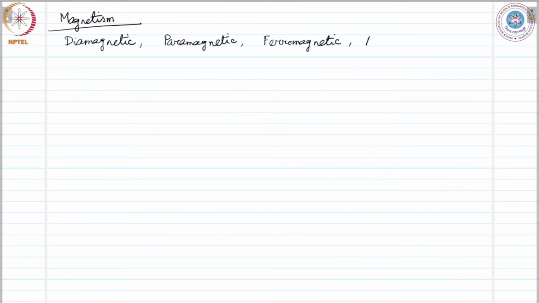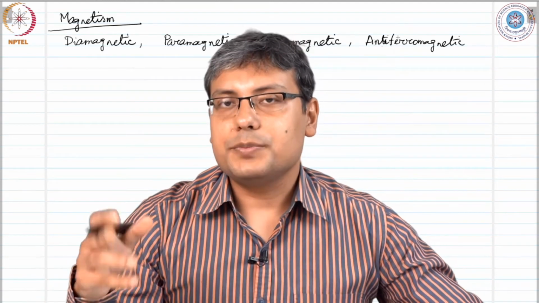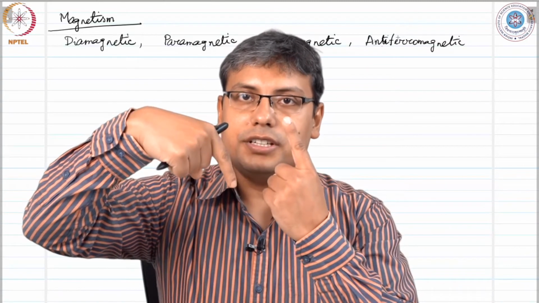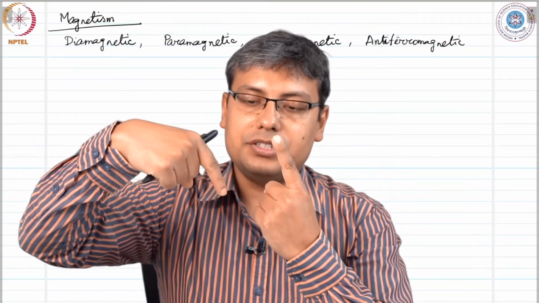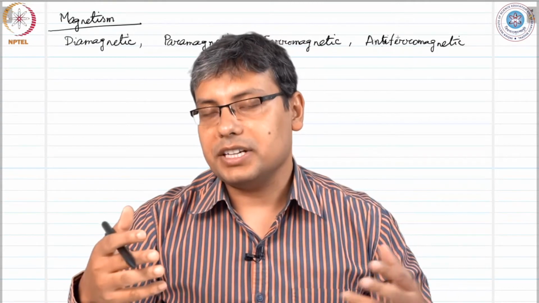There are also antiferromagnetic materials. Antiferromagnetic materials have spins in the system that are opposite in orientation to each other, and that makes it antiferromagnetic.